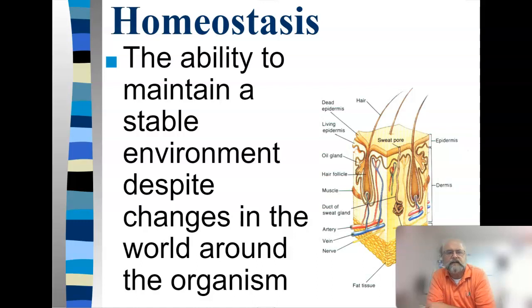So again, classic example of this ability to maintain a stable environment. That works for humans, right? The example I just gave. It also works for all other living things. So even something as simple as a single cell bacteria is going to maintain homeostasis. It will respond to changes in the environment to maintain a stable internal environment.